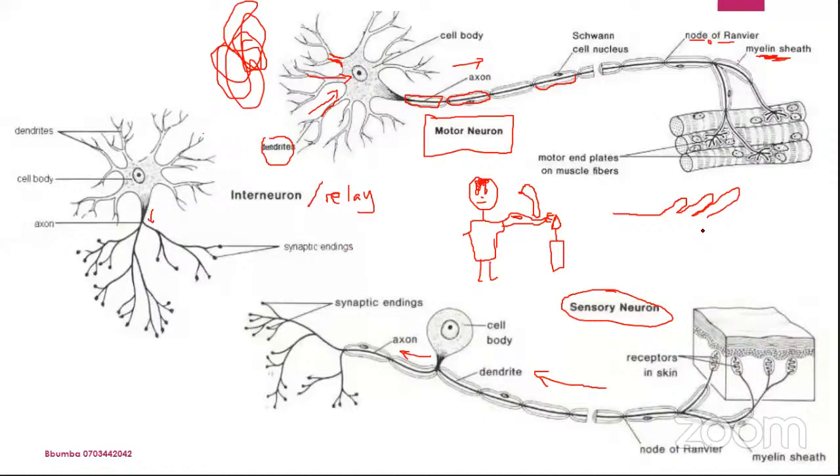Now, I'm assuming this is your fingers inside here. You have tissues, skin, blood vessels, and all those things. They're all in your hand. Now, this hand is the effector, because it can carry out work depending on what the brain has said.